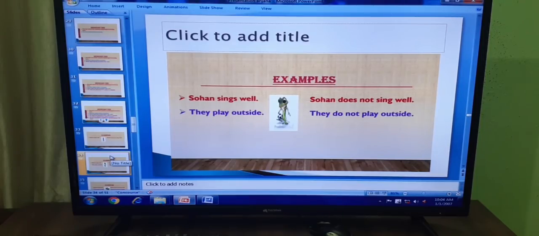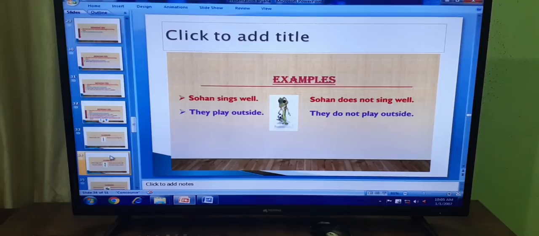Now let us move on to the next example. They play outside. What is the verb here? Yes, it is play. Play is already in its base form. So, play will remain play. Now, find out the subject. The subject over here is they.